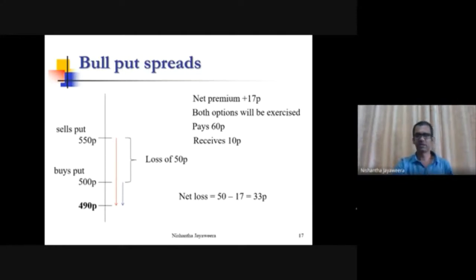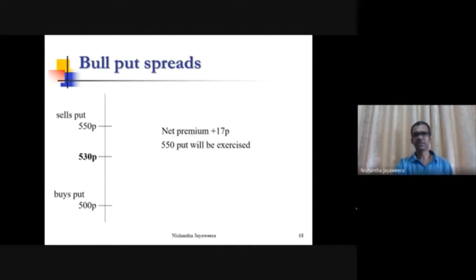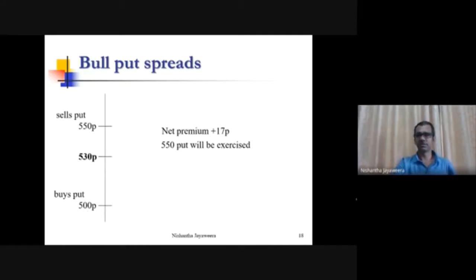In the second scenario, when the price remains between 500 and 550, still the net premium is 17. The 550 put will be exercised, but this one will expire without exercise. So you pay 20 pence.